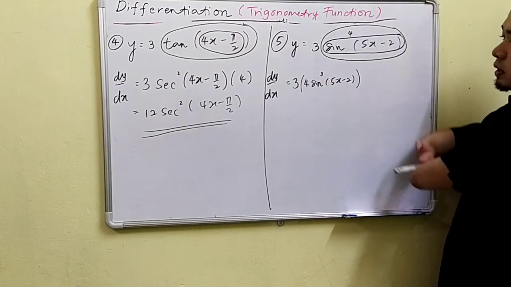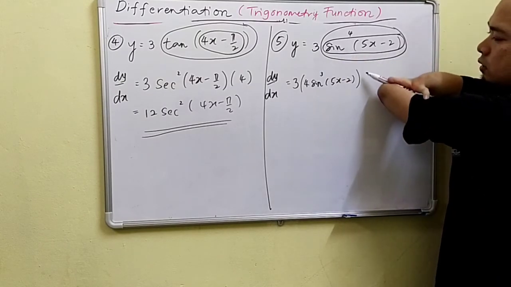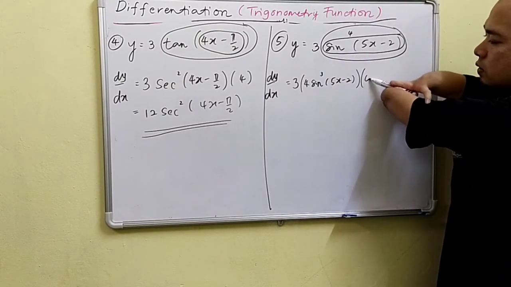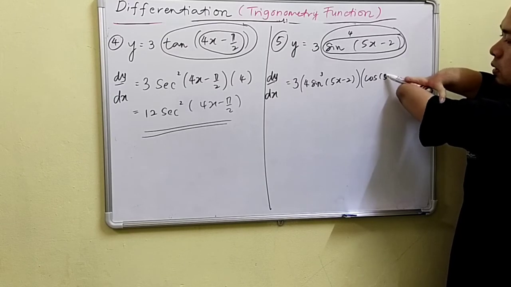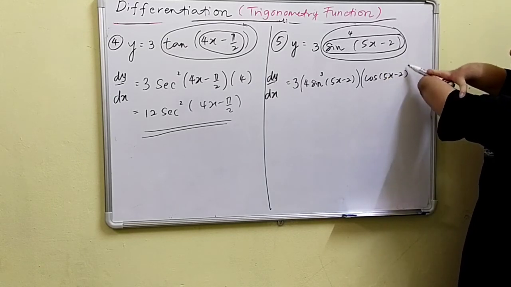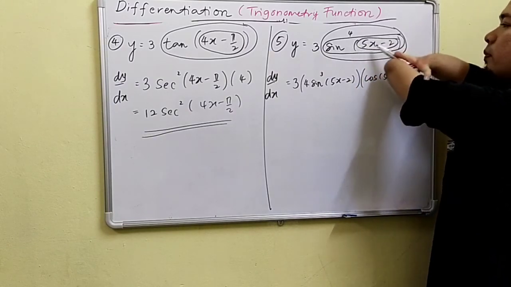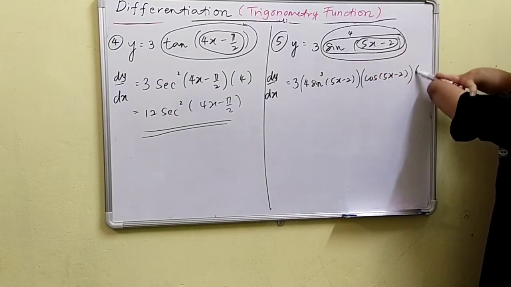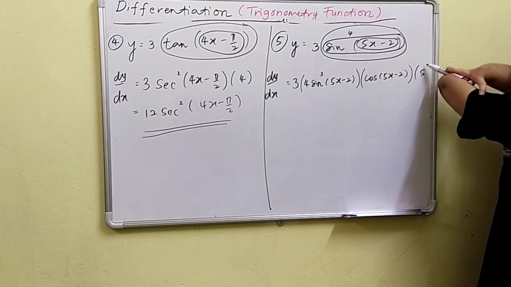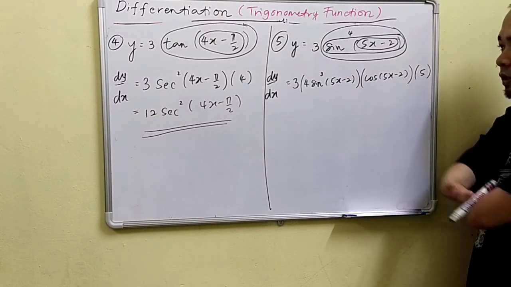The function is sine. So differentiate sine, we will get cos. So cos of 5x minus 2. And then look deeper. 5x minus 2. So differentiate 5x minus 2, we will get 5 only.